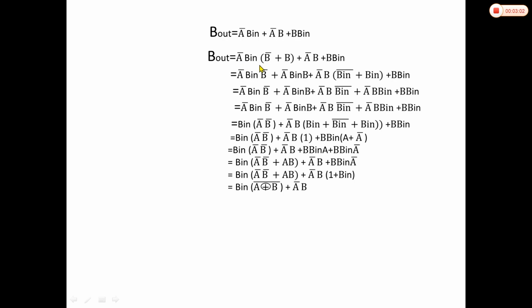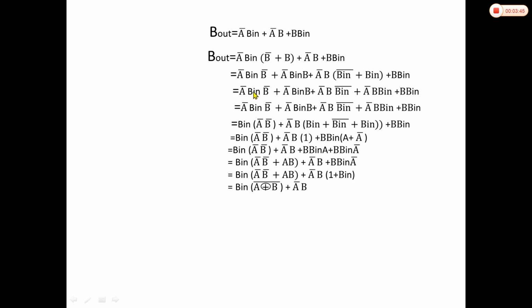Here it is the A bar B and it is multiplied with B bar plus B. When it is multiplied, it is A bar B in B bar plus A bar B in B plus A bar B, that is also multiplied with B in bar plus B in plus B B in. It will be A bar B in B bar plus A bar B in B plus A bar B B in bar plus A bar B B in plus B B in, that equal to A bar B in B bar plus A bar B in B.